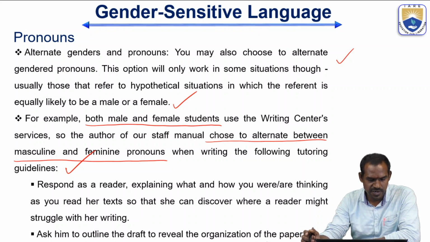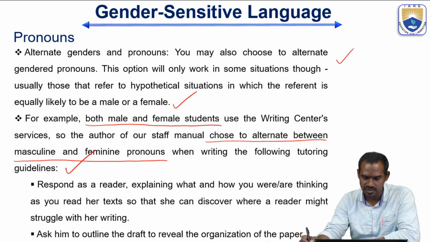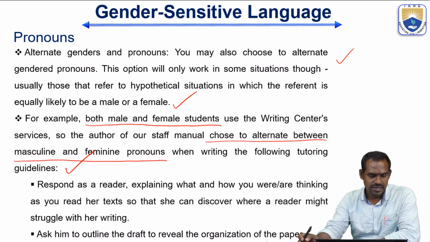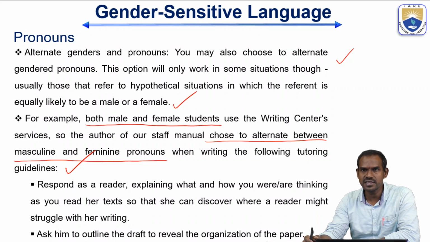First one, respond as a reader, explaining what and how you were or are thinking as you read her texts, so that she can discover where a reader might struggle with her writing. Okay. Next guideline is ask him to outline the draft to reveal the organization of the paper.